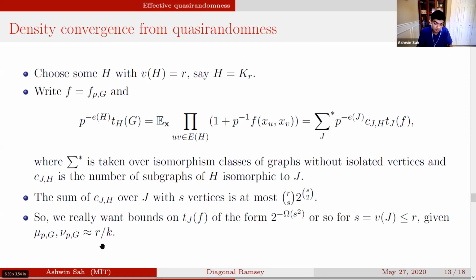So what we're really going to say is that we have a bound on T_J of 2 to the negative log squared k, given quasi-randomness that is only 1 over k in quality. But don't worry, these parameter choices are flexible, but the moral is we have this T_J and we need 2 to the negative s squared. Okay.